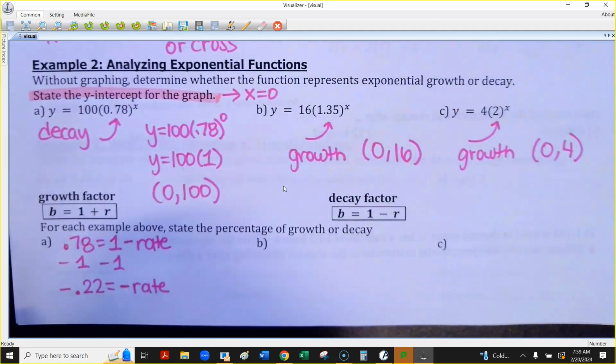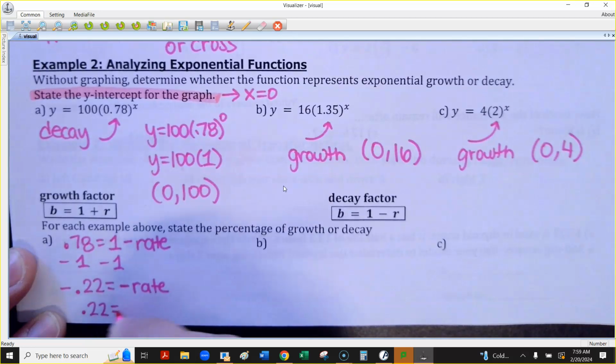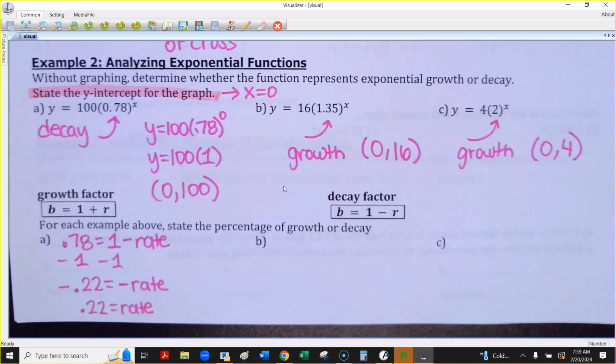So I would say 0.22 is my rate. Do you guys know how to change that to a percent? Like, what would I do to change? That's a rate. How do I change that to a percent? You remember?